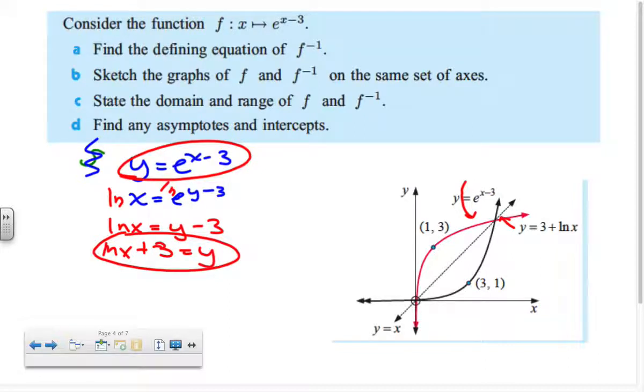Hang on, I have that wrong. That goes with that one, and this goes with that one. So the domain for my original function is basically from negative infinity to infinity. It looks like there might be an asymptote. I don't think so. I think it keeps going, maybe.